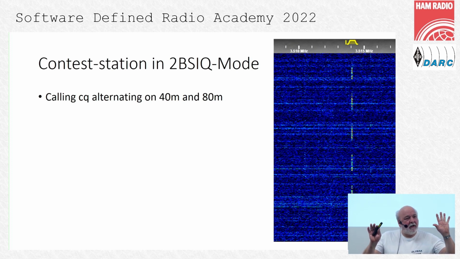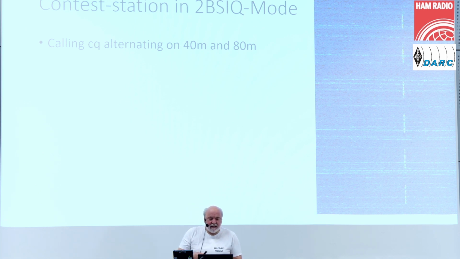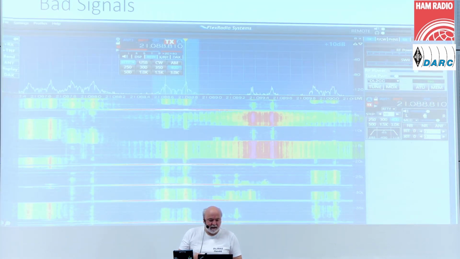That means you are calling CQ, one CQ call on the one band and one CQ call on the second band. This is the CQ call on 80 meter, and in his receiving time, you see he's calling CQ on the 40-meter band. That means you can have a good, nice idea how you can work this station.